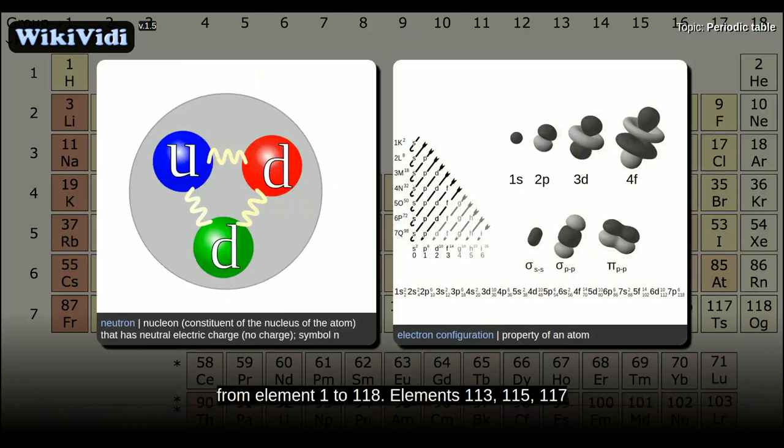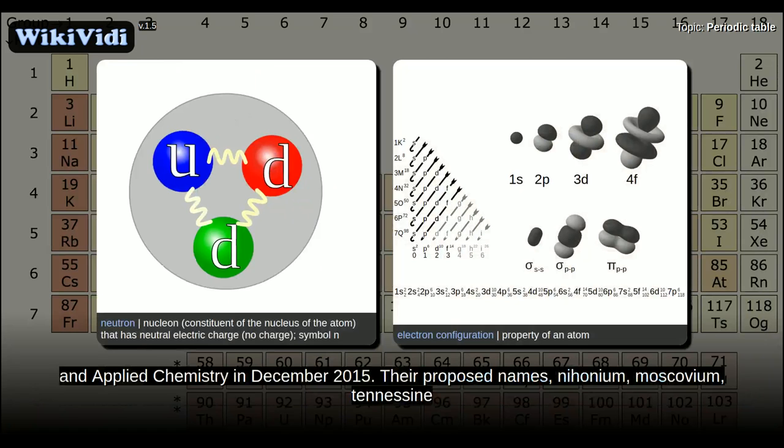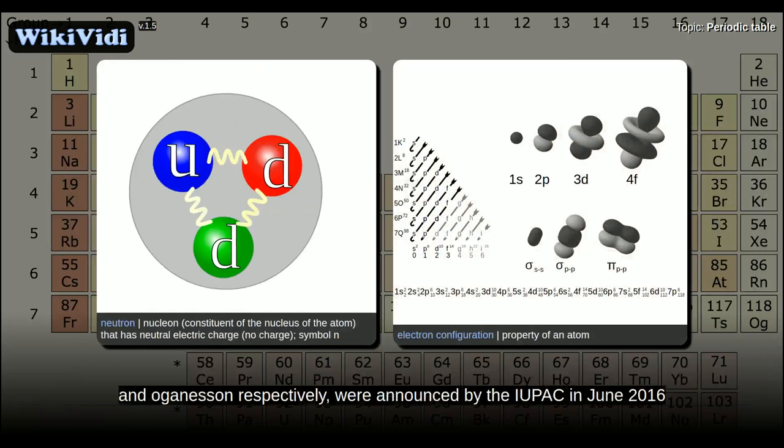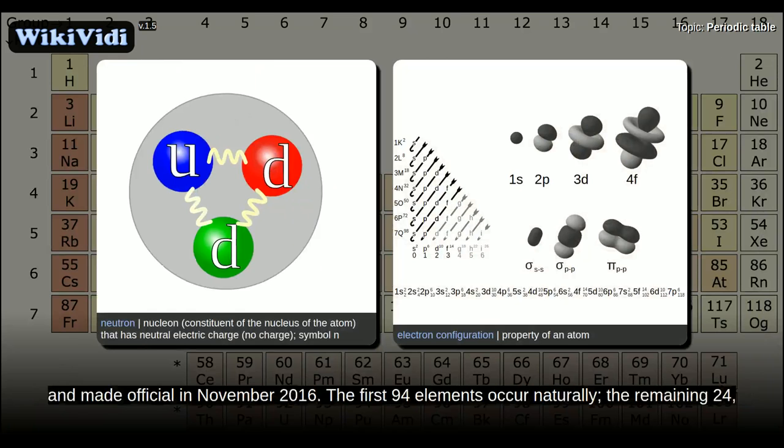Element 113, 115, 117, and 118 were officially confirmed by the International Union of Pure and Applied Chemistry in December 2015. Their proposed names, nihonium, moscovium, tennessine, and oganesson respectively, were announced by the IUPAC in June 2016, and made official in November 2016.